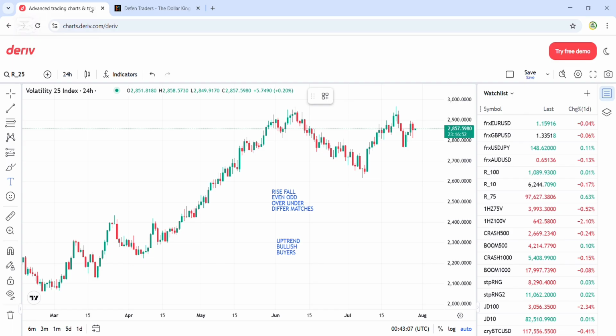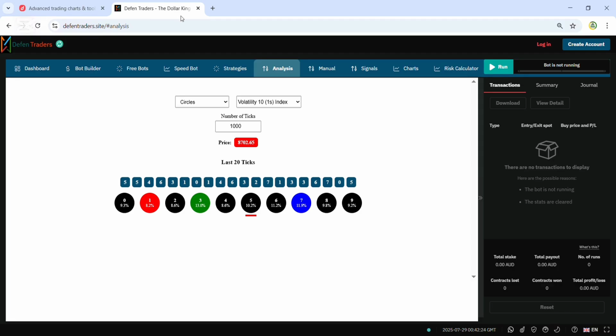Then we have the last contract, that is the differs and matches. Now, for example, when you make your prediction and you say, I want to trade differs, and you predict digit 6, you will win with any other digit apart from digit 6.